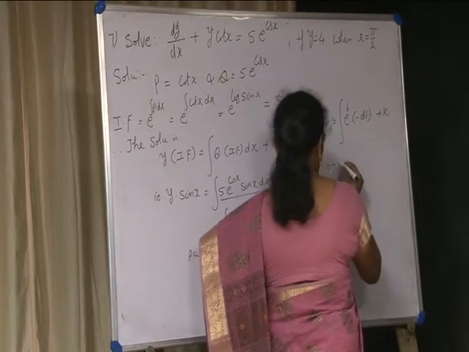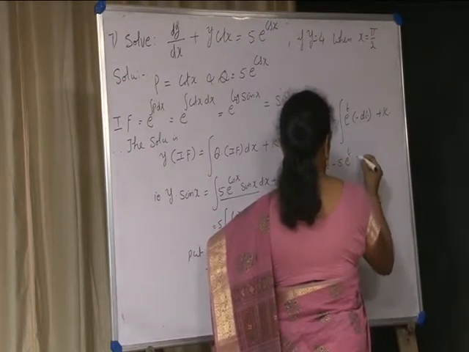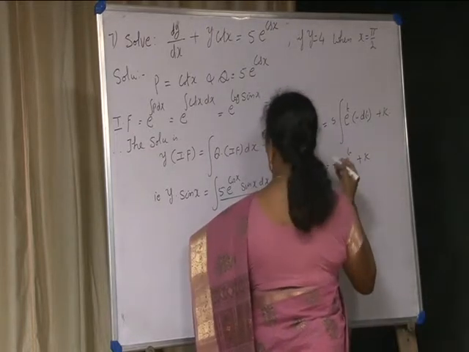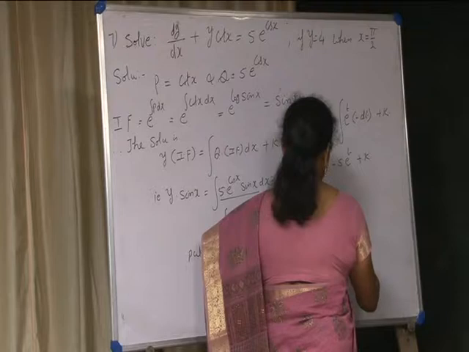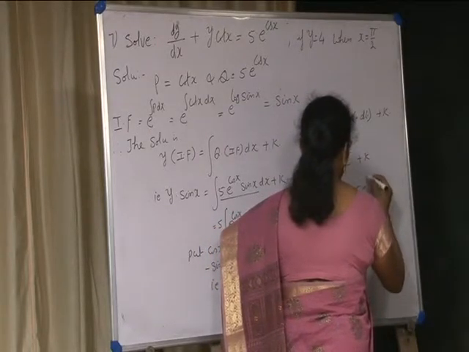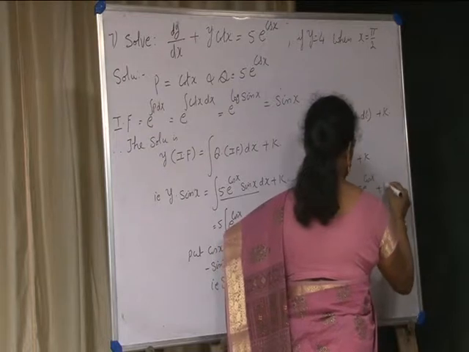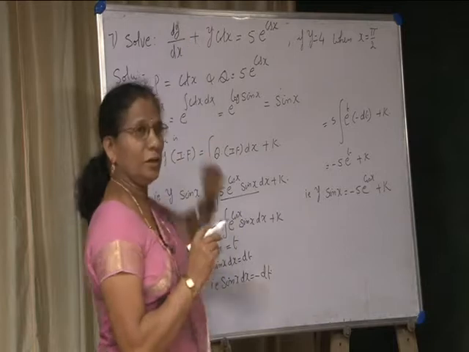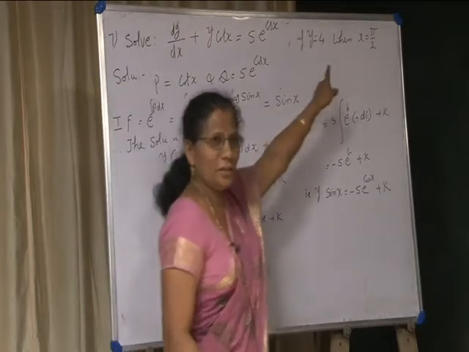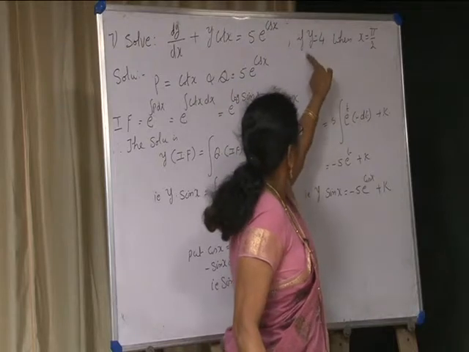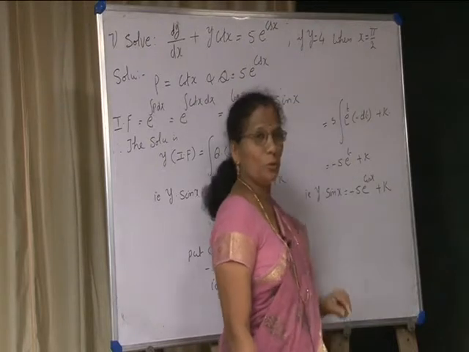This is equal to minus 5 e to the power of t plus k, that is y into sin x is equal to minus 5 e to the power of cos x plus k. This is the solution of the given linear equation, but extra is expected from us: y is equal to 4 when x is equal to pi by 2.